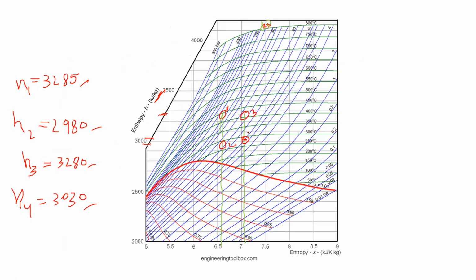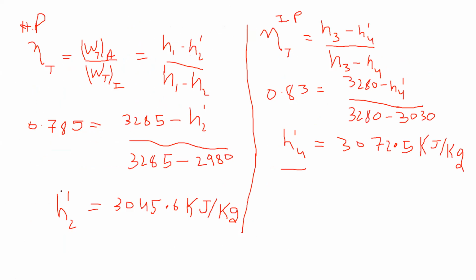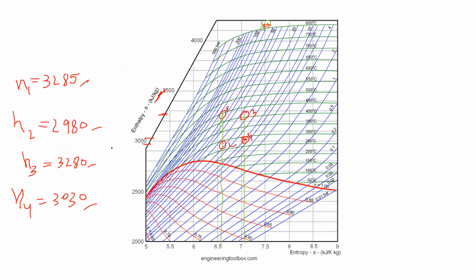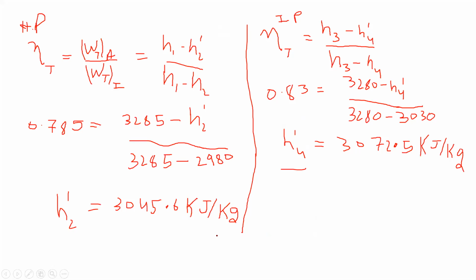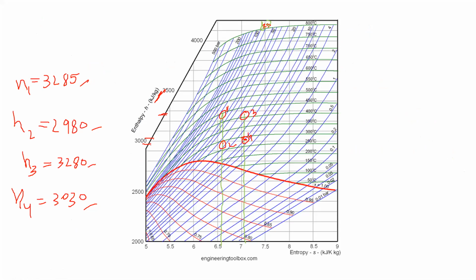Here I forgot to mention H4. At this particular pressure only, we have the enthalpy. Suppose for 4 dash I have 3072.5. I have to mark the enthalpy here.